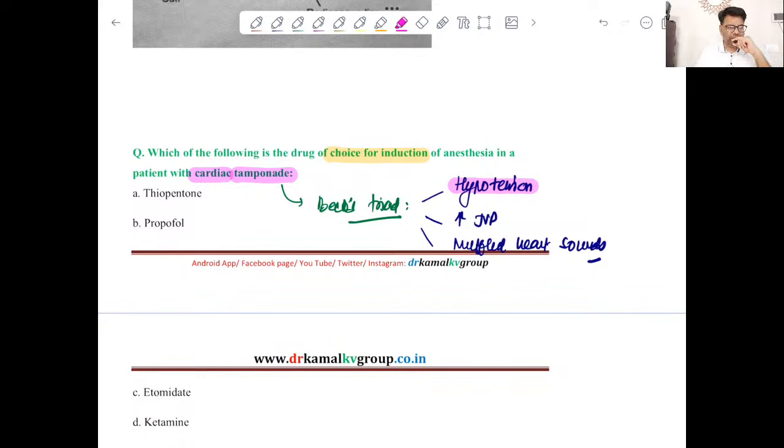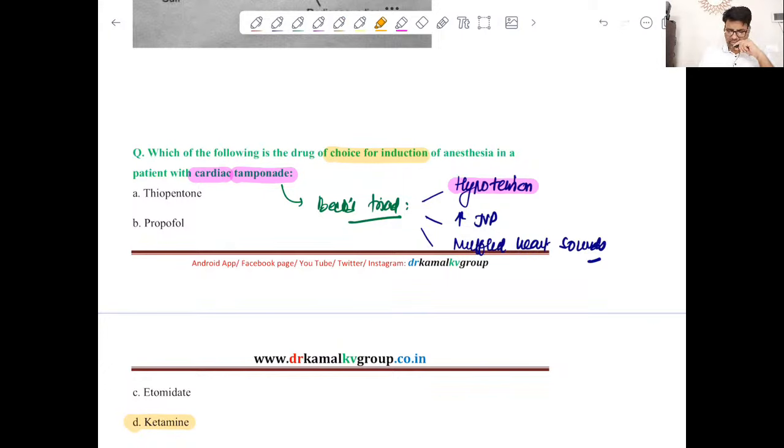Jalaj here, Jalaj, absolutely you are right. So I am more interested in discussing the hypotension part, because if you know the properties of ketamine, it increases pressures like BP and other things, right? So therefore, if there is hypotension, we can or we should prefer ketamine, right?